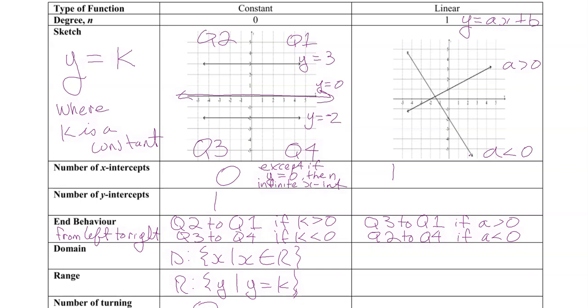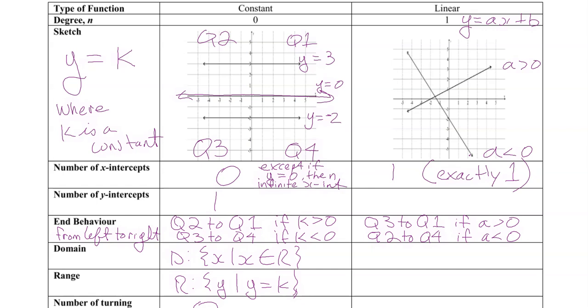How come? Well, if it's going to go Q3 to Q1, it has to pass through the axis. If it's going to go Q2 to Q4, it has to pass through the axis. So a linear function will always have exactly one x-intercept. The number of x-intercepts is exactly 1.